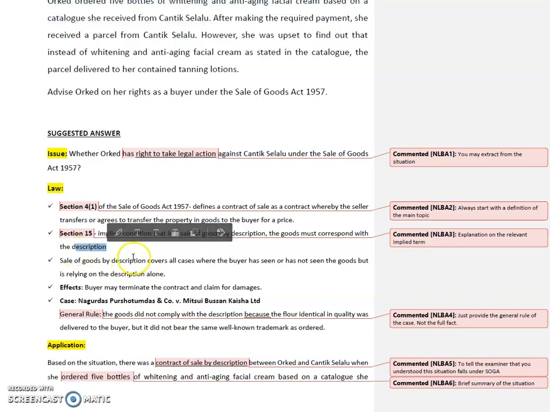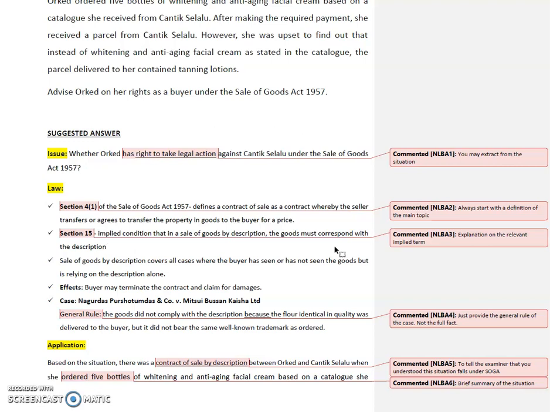This is not a face-to-face contract, but she ordered goods based on descriptions. So based on section 15, there is an implied condition that when you buy goods by description, the goods must correspond with the description.